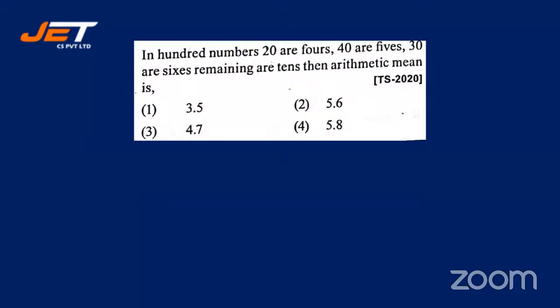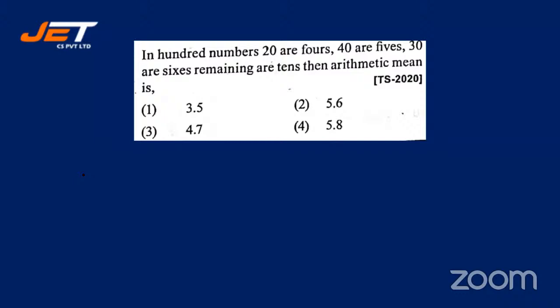In 100 numbers, 20 are 4s, 40 are 5s, 30 are 6s, and the remaining are 10s. Then what is the arithmetic mean? Quickly find out. Let me do it for you.